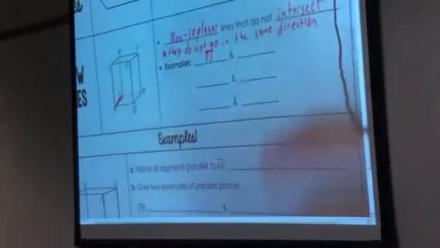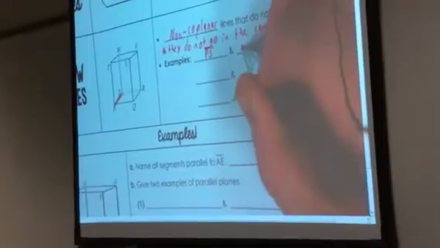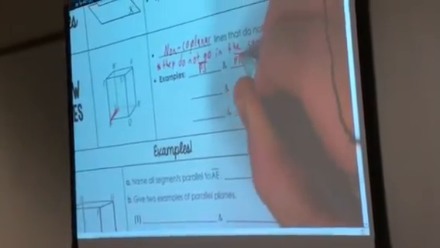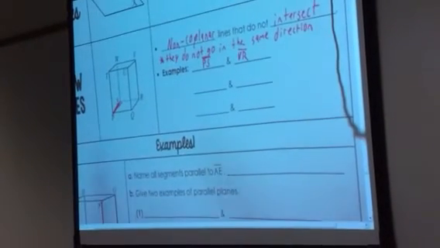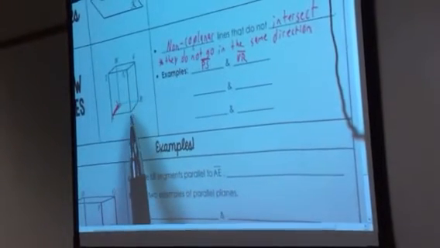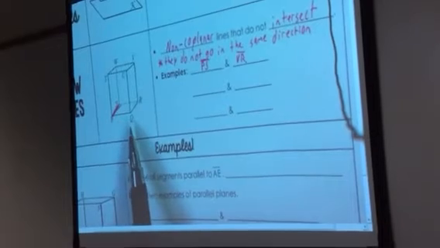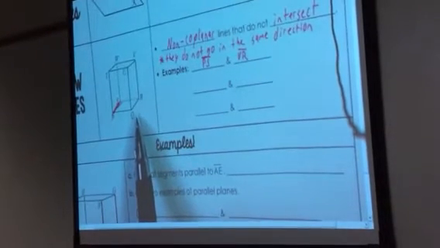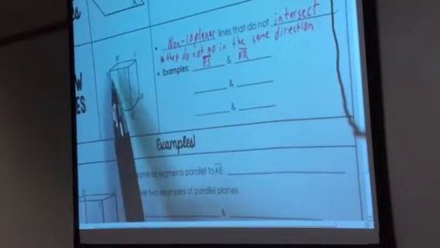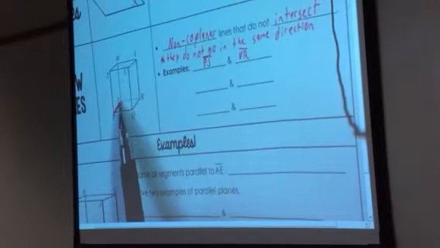And so that's what skew means. They never cross, but they are not going the same direction. So QU would also be skew to PS, right? Now, TP and WS would not because they cross or they touch.